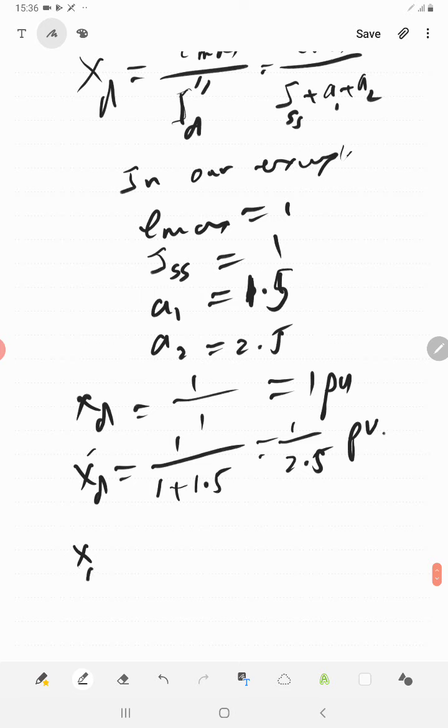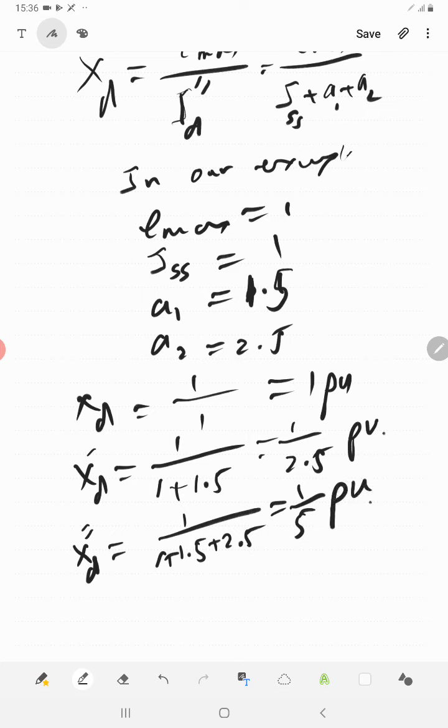And XD subtransient is 1 over 1 plus 1.5 plus 2.5, which is 1 over 5 per unit. You can calculate that.